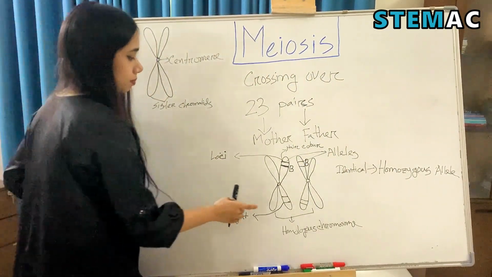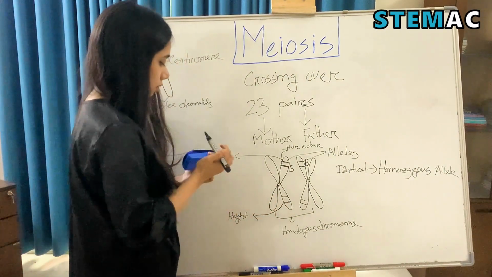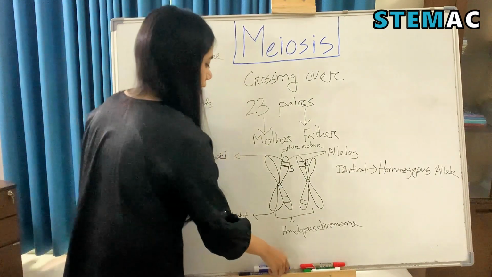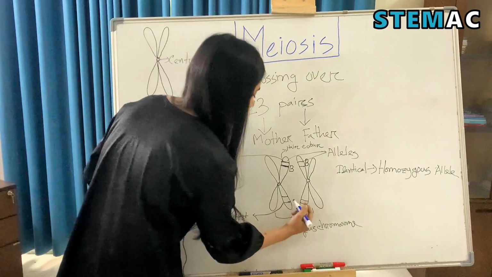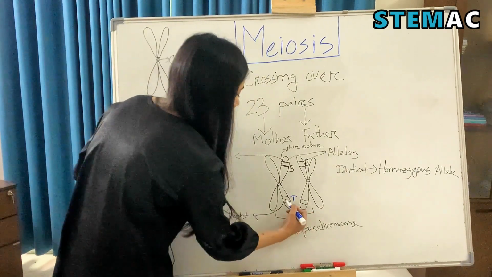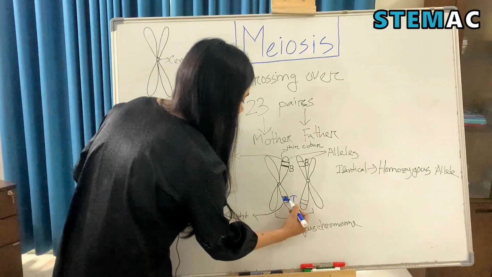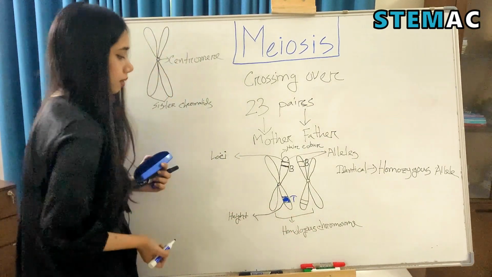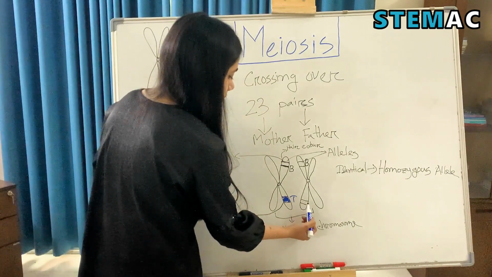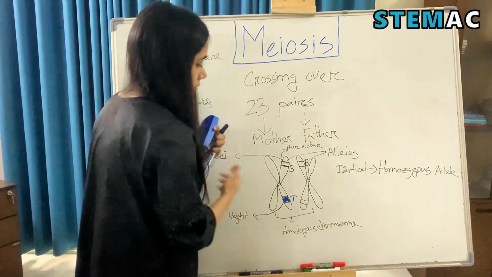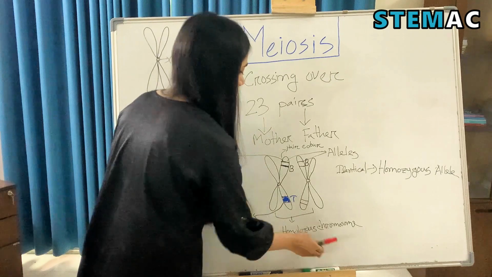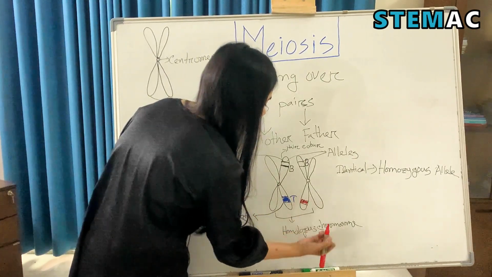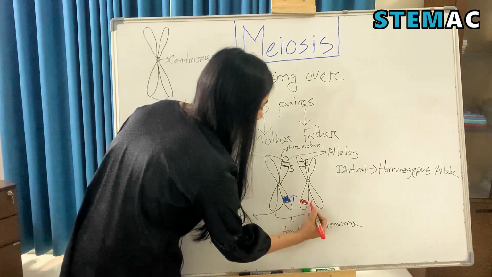However, let's say this allele for the gene for height is tall, so we will write it as capital T. And let's say this allele for the gene for height is short, so we're going to write it as small letter t.